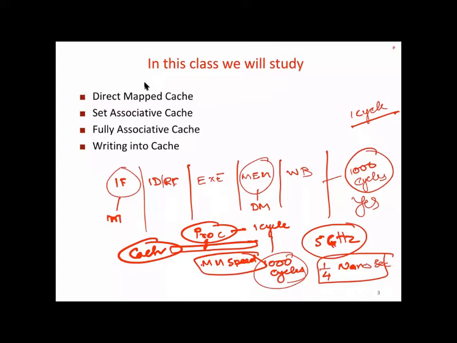So that's the reason caches have to be very fast, very responsive. It means the access time has to be very small. All right, no issues.